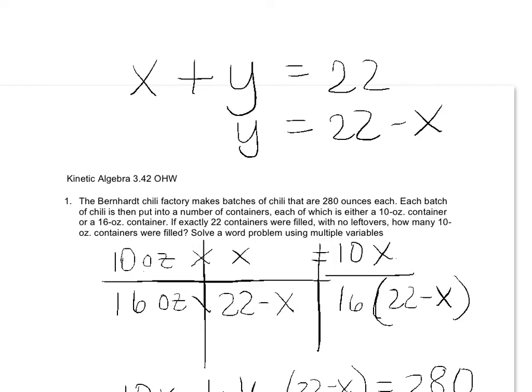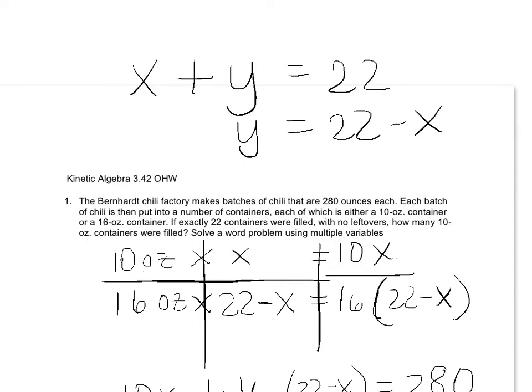For my 16-ounce containers, I'm now calling those 22 minus x, because I don't know how many there are, but I know that together the 10 and the 16 have to make 22. So then my variable for the 16-ounce containers is 22 minus x instead of y. And it looks a little scary, but it still is going to work when we get to our equation.